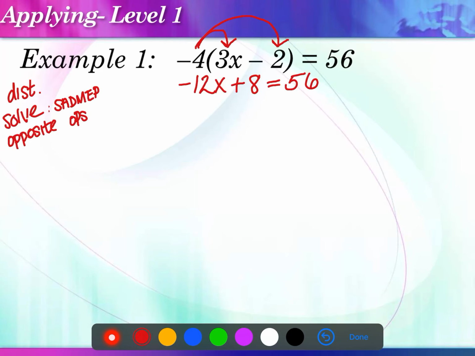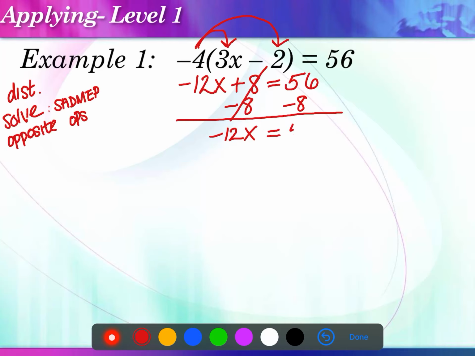So if something is being added, in order to move it to the other side, we're going to use subtraction. I want to see every step of work. So I want to see the minus 8, and you're showing that it's being subtracted from both sides. We use this nice long line underneath to separate each step of work. Okay, so the 8s should cancel.